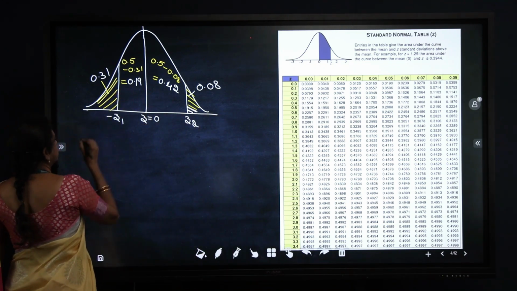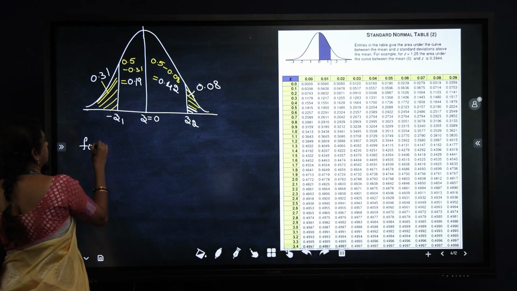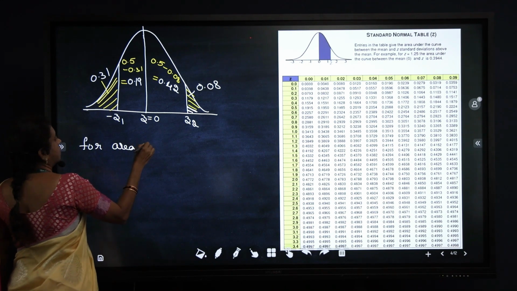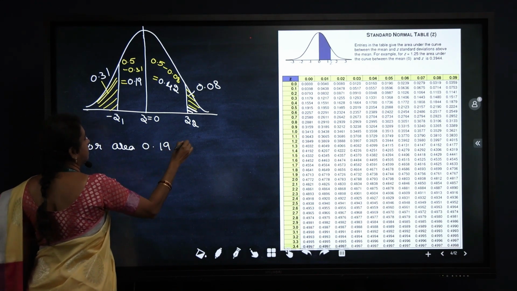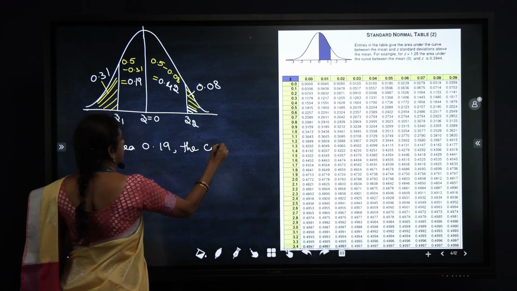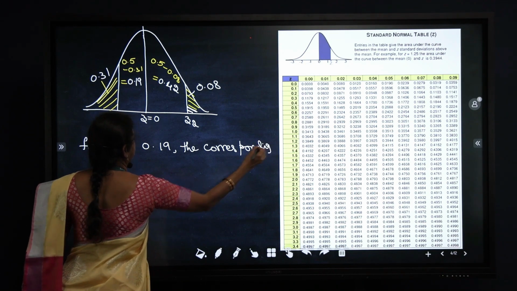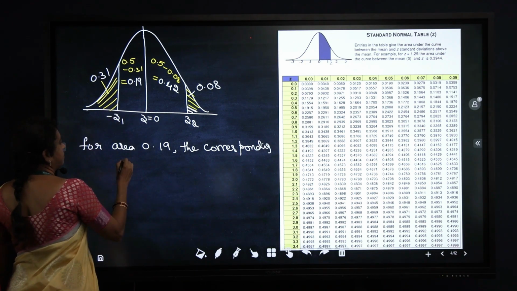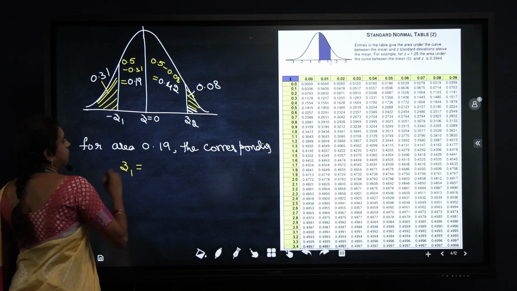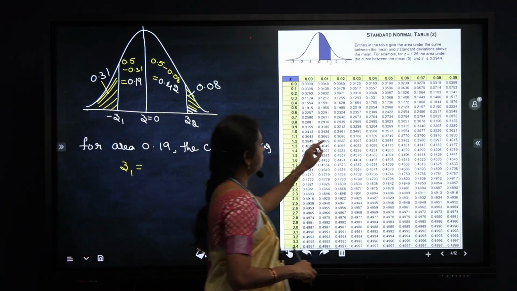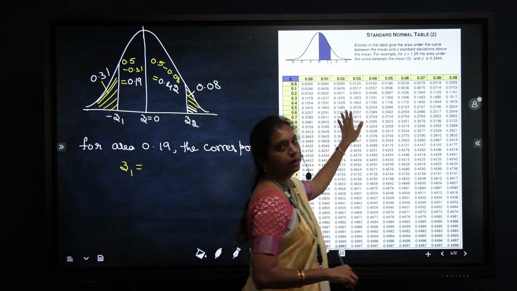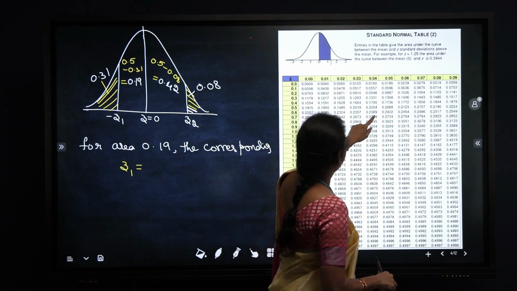So first we'll find z1. For area 0.19, we'll see from the table where 0.19 is in the area.